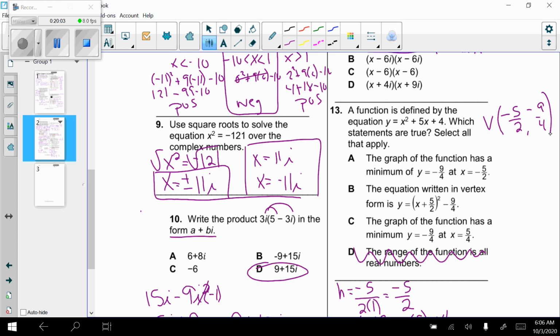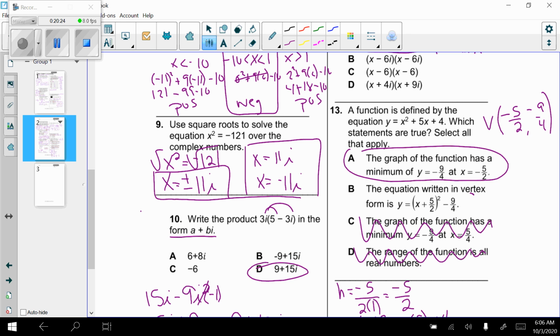Okay, so let's see. The graph of the function has a minimum. I know it's going to be a minimum because the graph is opening up, at y equals negative 9/4 when x is negative 5/2. Yes, because that's what I got for my vertex. So now I have to check, would this be the vertex form of it?